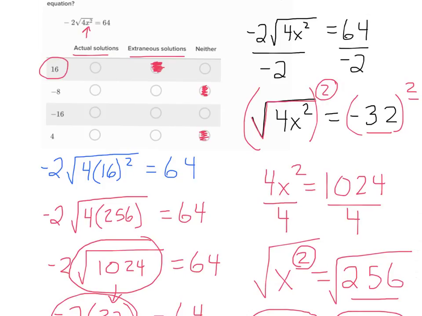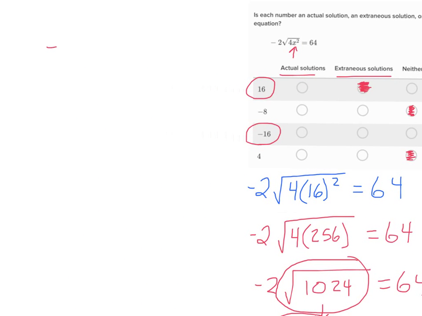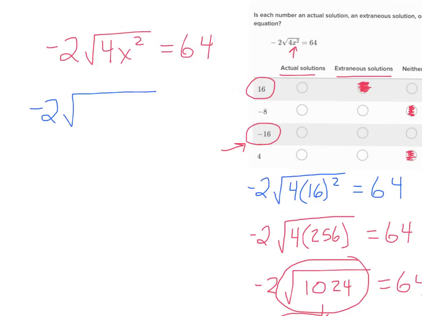Now let's plug in negative 16 and see if it's an actual solution or an extraneous solution. I'm going to write the formula: negative 2 square root of 4x squared equals 64. Now what I'm plugging in for x is negative 16. So I've got negative 2 times the square root of 4 times negative 16 all squared, and that must equal 64.